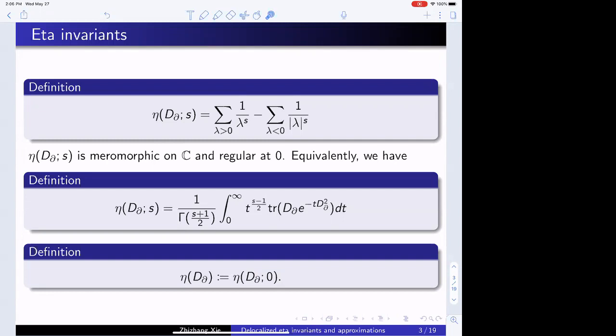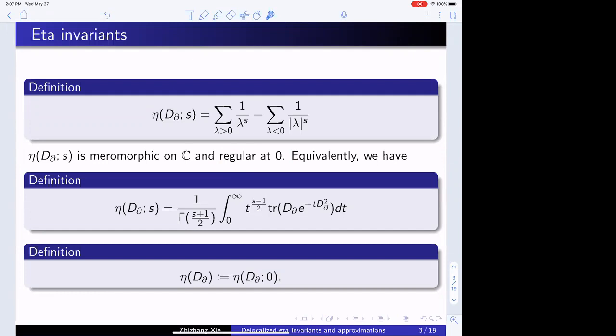It can be extended to a meromorphic function on the complex plane, and actually it turns out to be regular at 0. Being regular at 0 is not a trivial result, but it is true. It requires a proof. Quite a few people, I cannot exactly remember who did what, of course Atiyah-Patodi-Singer and maybe Gilkey, various people contributed to prove that it's regular at 0.